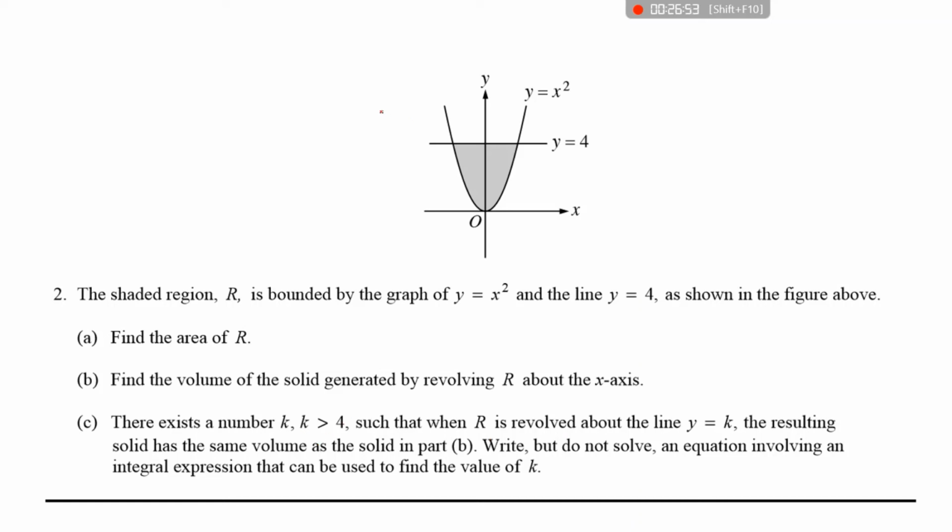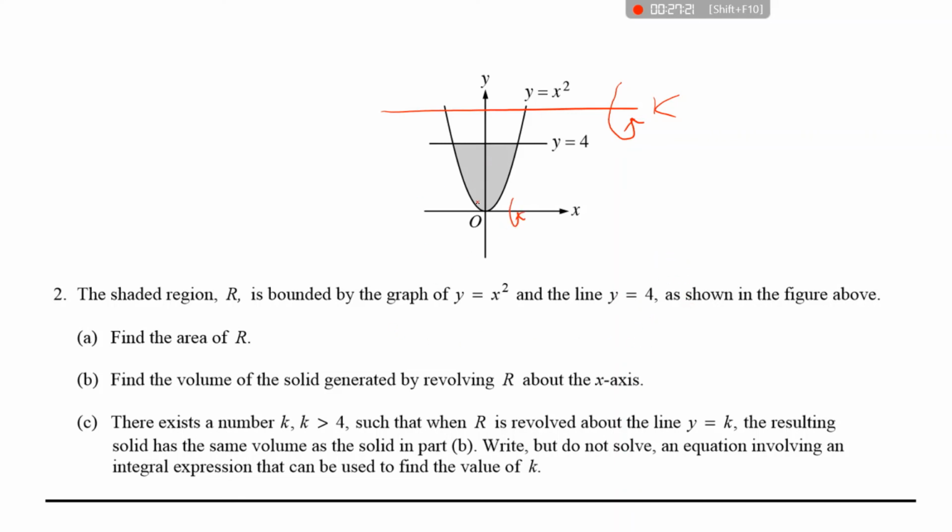So there's some value here, y equals k, where if I revolve this area about this line, the volume will end up being the same as b. So let me get the volume for b really quick first. I want to revolve this area about the x-axis for part b.